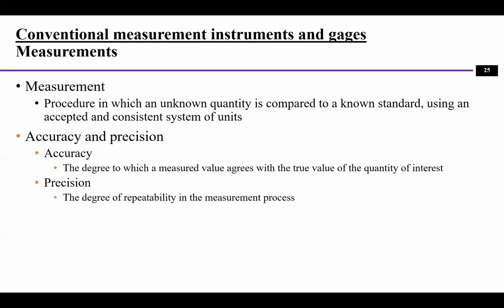For example, you can have a tool and measure 10 times, and if those 10 values are significantly different, then you can say the precision of the tool or the device is poor. But if you have a device that you measure 10 times, and every time you get the same values, the precision is good. So it's about the repeatability of the measurement.